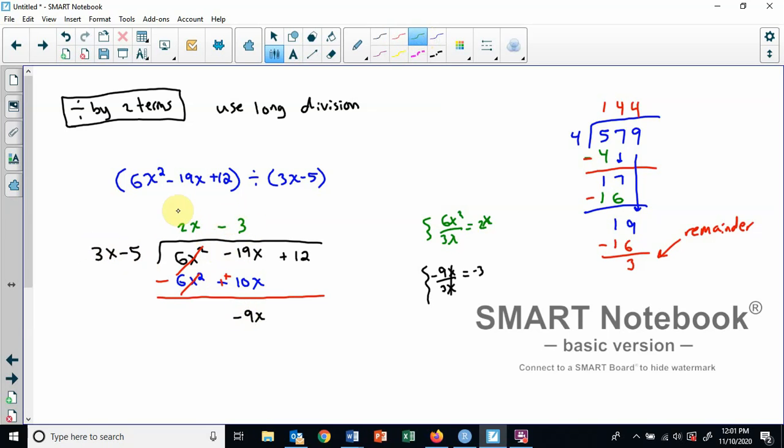Now we're going to do the same thing where we take this term that we just found. We're going to multiply by the divisor, put it underneath, and subtract it off. So negative 3 times 3x is negative 9x. Negative 3 times negative 5 is positive 15. Let me bring this plus 12 down.